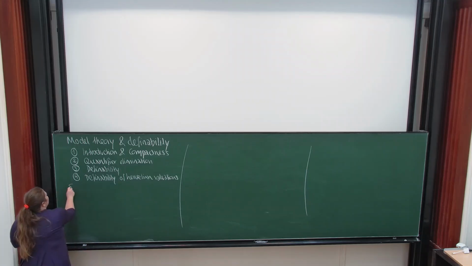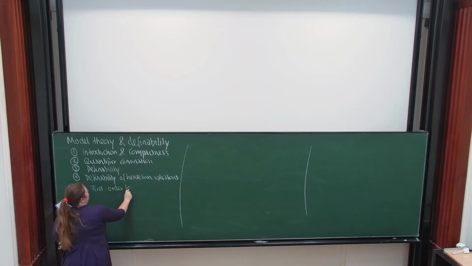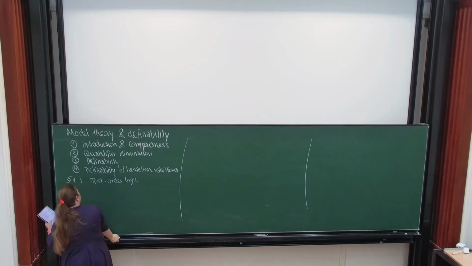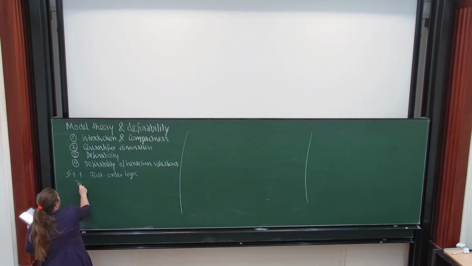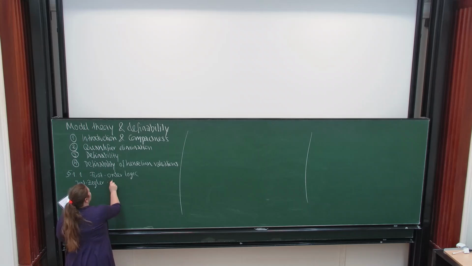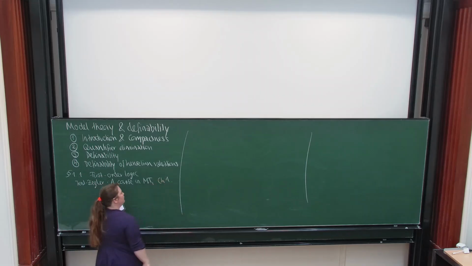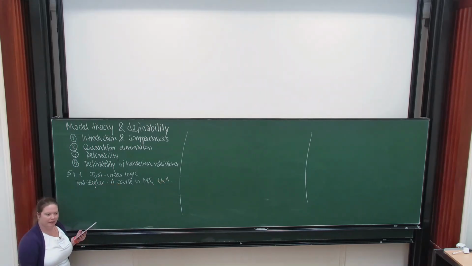Okay, so first, I start with introduction and compactness, and so I start with what's first-order logic. I'm hopeful that many of you have seen this before, but what I cover first is in the book of Tent and Ziegler, A Course in Model Theory, chapter 1, the basics there.